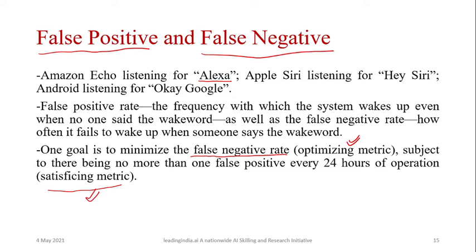For example, suppose you are sleeping at midnight and suddenly, due to some noise, it generates a false positive and starts playing some song with loud music. That is very annoying. You are not ready to accept this behavior, right?